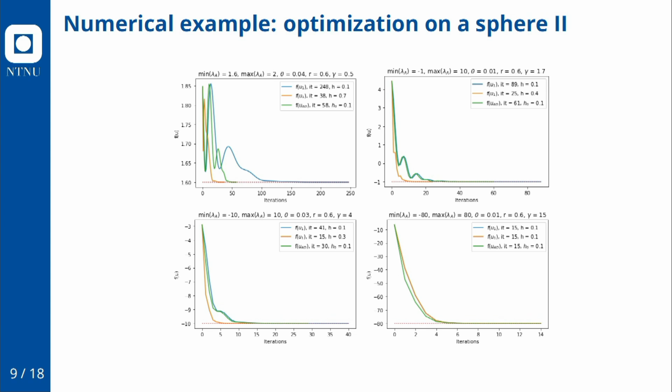Here are some plots to show what I've just said. From the first to the last, the interval of range of the eigenvalues is increased. And as you see in the title, the last value is gamma, the dissipation, and that one is also increasing.